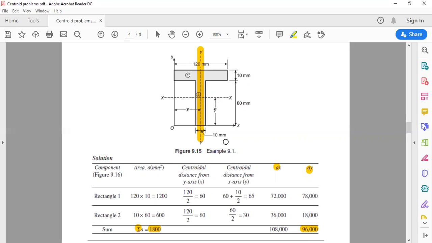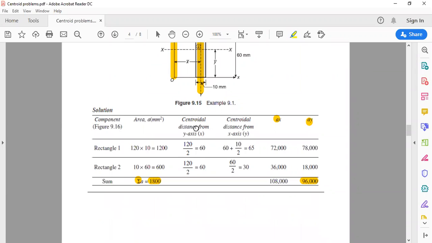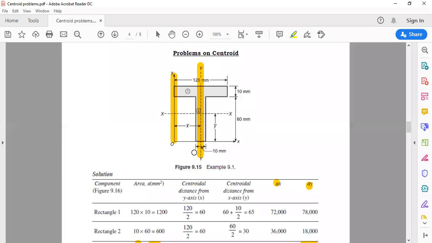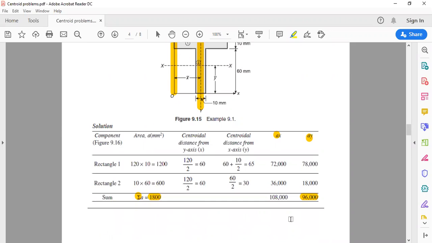Now since this axis of symmetry is parallel to the y axis, you can directly calculate x bar. You have two options: either directly calculate it, or go with the normal method also. Both ways you are going to get the same answer. So x bar here will be 120 divided by 2, that is 60, and if you calculate this, that is 108,000 divided by 1800, you will get 60 only.